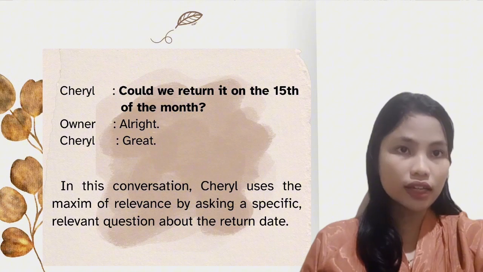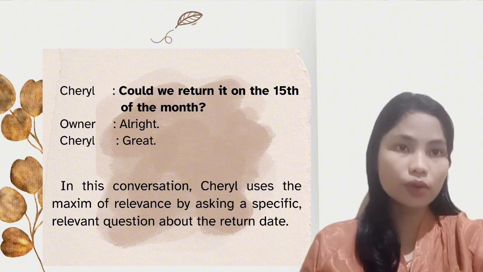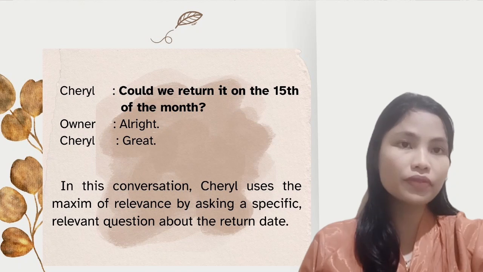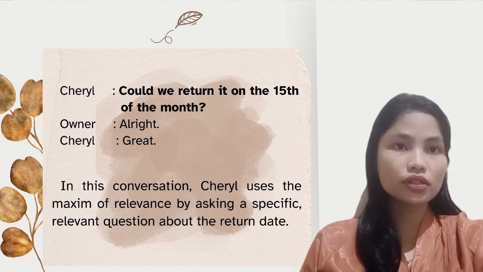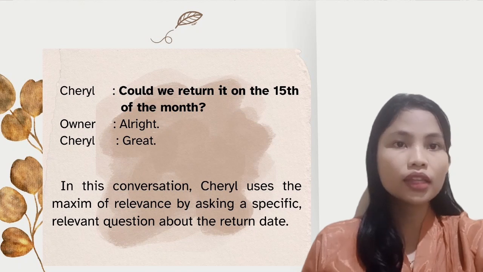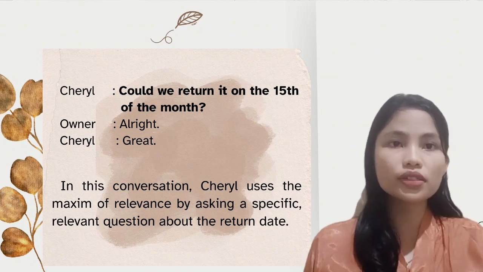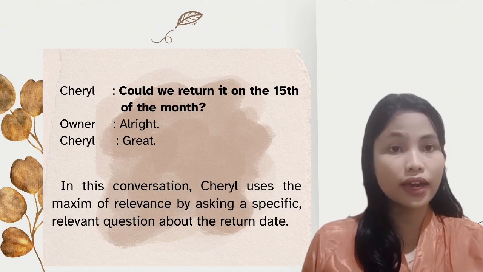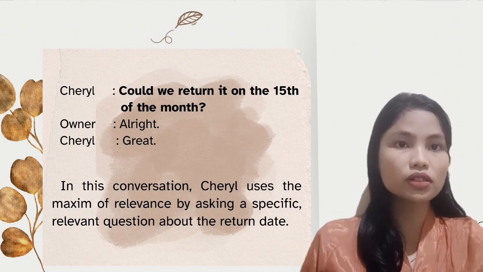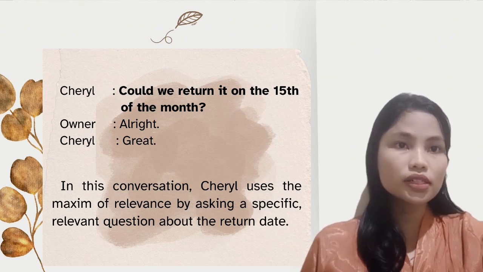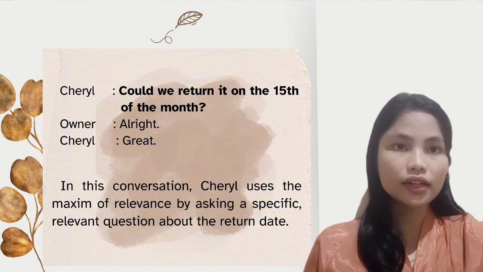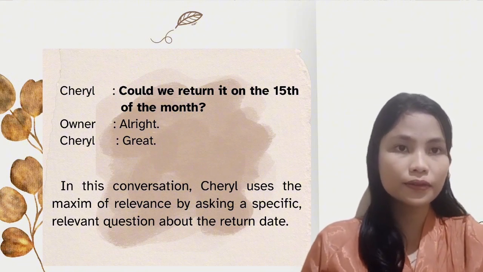In this instance, Cheryl is using language to make a request or seek permission for a specific action, which is returning the car on the particular date. In this conversation, Cheryl uses the maxim of relevance by asking a specific, relevant question about the return date. The owner's response adheres to the same maxim by providing a direct and pertinent answer.